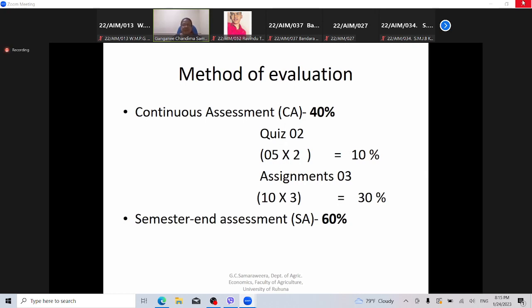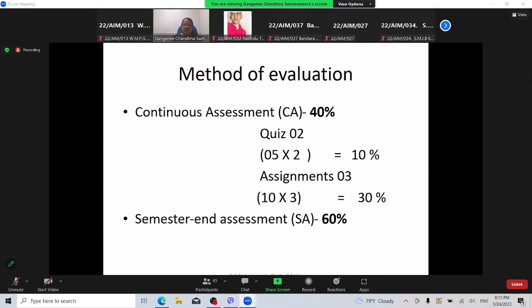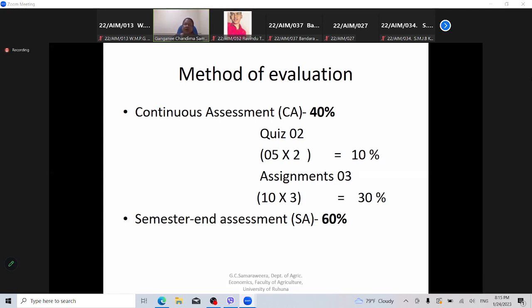That means at the end of the semester, I am giving you a paper to assess you. At that time, you can take 60%. Even though you are a brilliant student of learning everything I am teaching, you can get only 60% because 40% is for your continuous assessment. That means I am assessing you continuously.